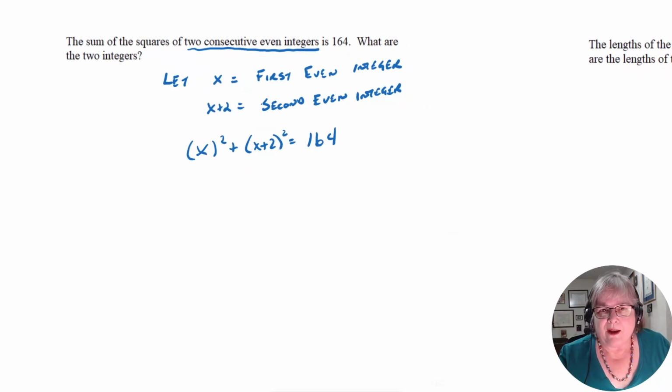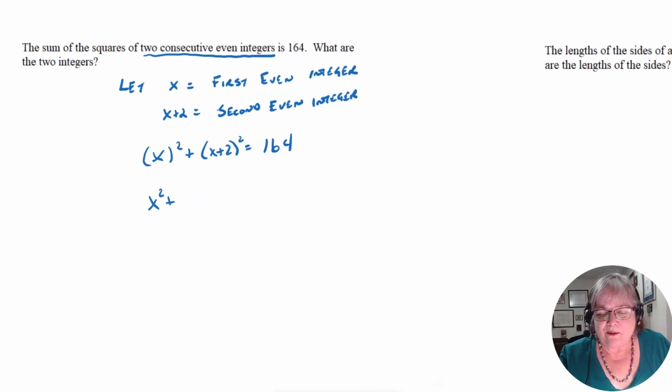Now, I don't know what adds up to 164, so the only thing I'm going to try to do is get it equal to 0, because then I can factor it, quadratic formula, whatever you want to do. So x squared. X plus 2 squared is not x squared plus 4, okay, because that's a binomial. And so what you have is x plus 2 times x plus 2.